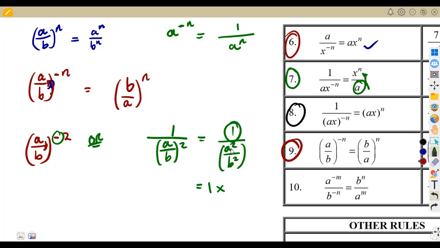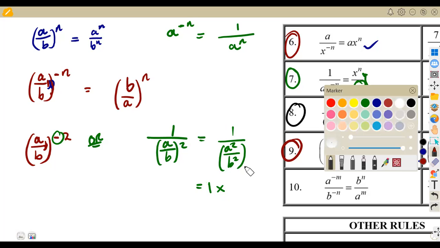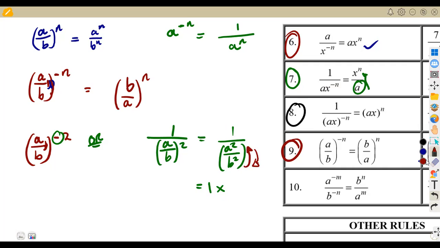So it's going to be this one times, you interchange the second fraction, not the first one, but the second fraction. So it will be b squared over a squared. Remember, this is the same as over 1. So you're going to multiply 1 times b squared, which is b squared, over 1 times a squared, which is a squared.